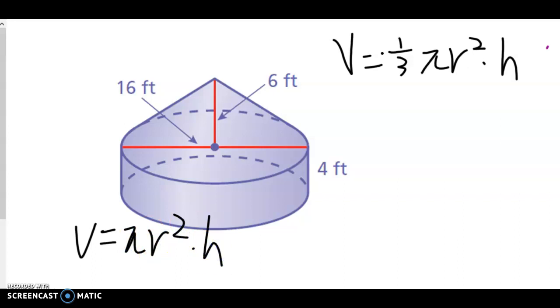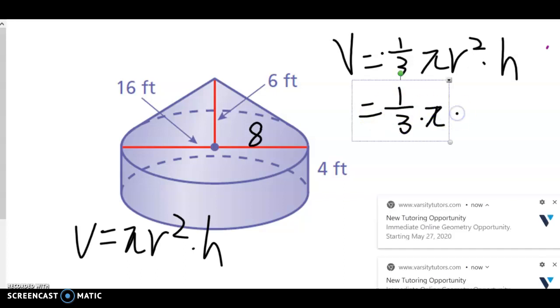For the cone, the diameter is 16, so that means the radius will be 8. So that will be equal to 1/3 times pi times 8 squared times the height, which is 6.